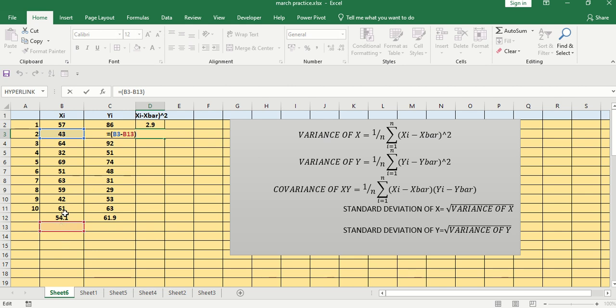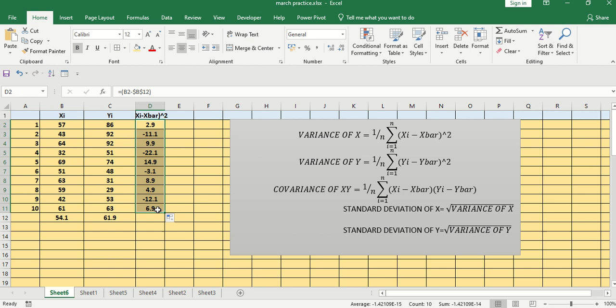Just let me show you. So, to avoid this mistake, we fix the mean, the B12, by using the dollar signs in between the B. This is what you are going to do. And now click enter. When you have clicked enter, it has calculated the xi minus x bar, then drag so that it may repeat the same formula to the other cells.